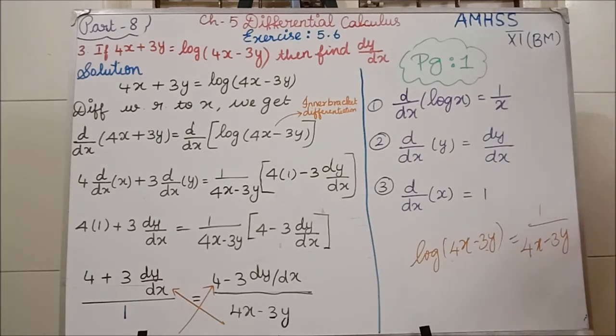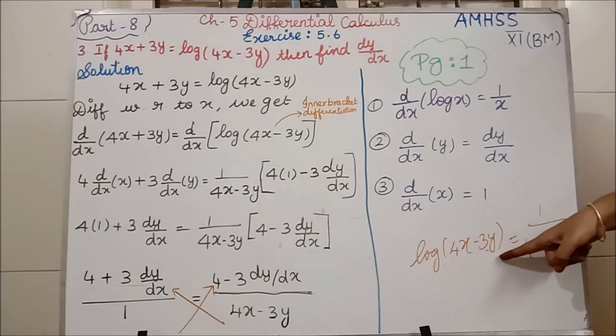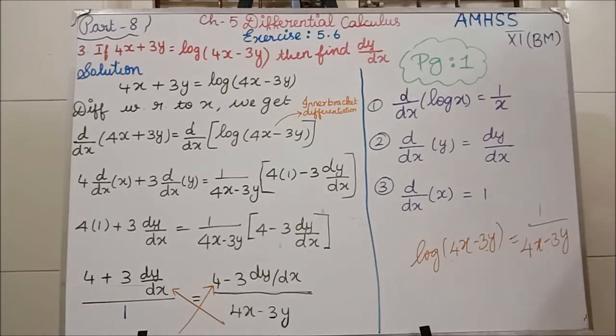Afterwards, whenever you have a bracket, on the right hand side or left hand side, you have to differentiate the inner bracket. In the previous problem, first question, third subdivision, we did it like that.